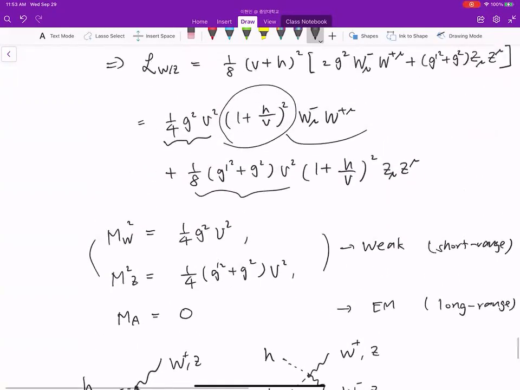And the important thing is that the Higgs appears in this particular form. So in general, you can parameterize this like 1 plus 2a, 2b plus b.